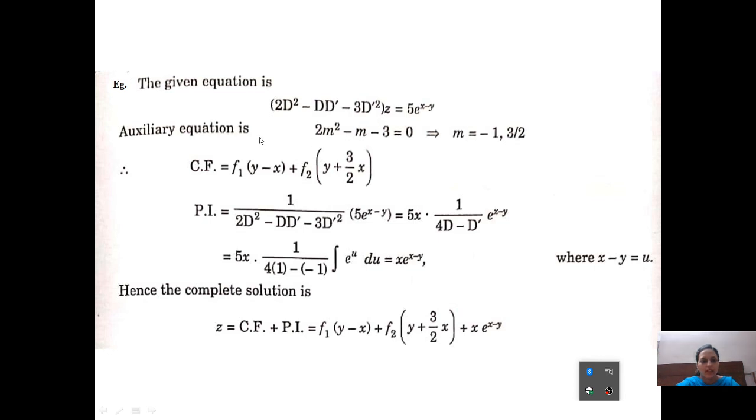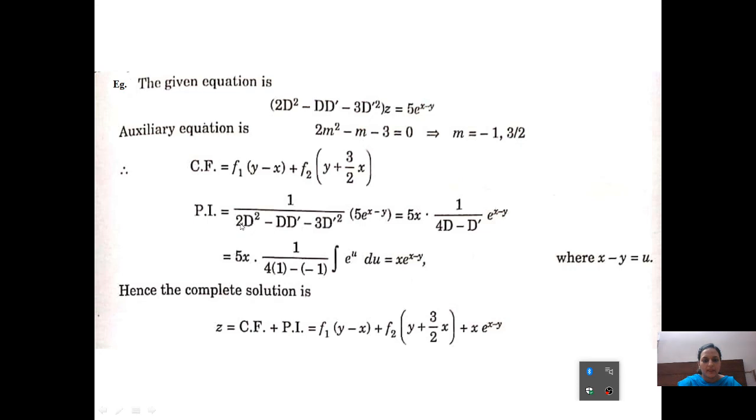Before that, do not forget to solve the complementary function part of this question. And when we solve the particular integral part, we compare this part with ax plus by and obtain our a and b.